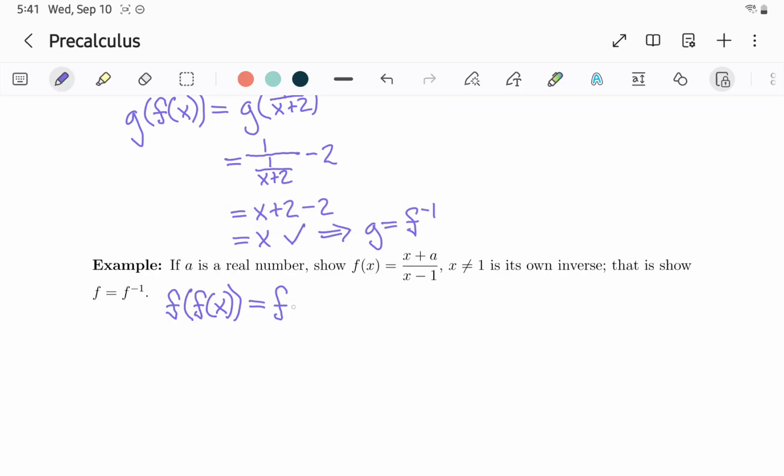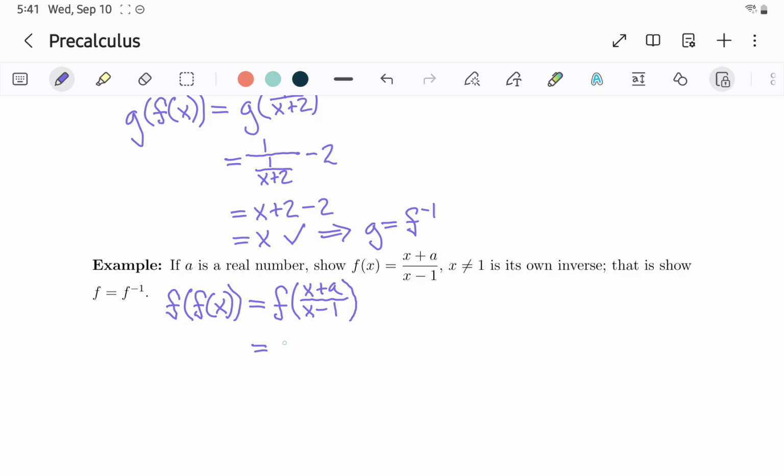This is going to be equal to f of x plus a over x minus 1, just replacing f of x with its formula or rule of assignment. And then now we want to go through and replace every instance of x in the formula for f of x with x plus a over x minus 1.